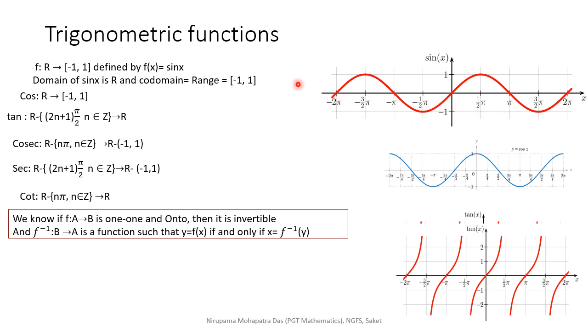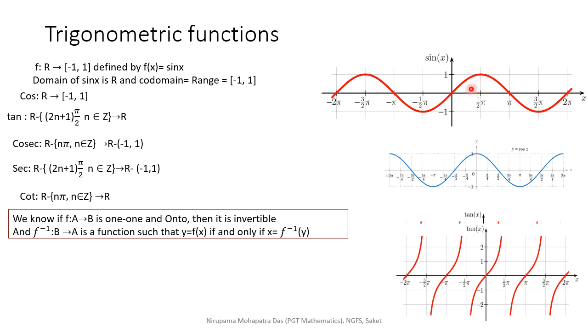Though we have taken range equal to codomain, meaning the functions are onto, none of the functions are 1-1. Here, a very simple example I can take: sin 0 is 0, sin pi is 0, sin 2 pi is 0, sin minus pi is also 0. So for many values of x, we have only one value of sin x. Similar thing with cosine also.